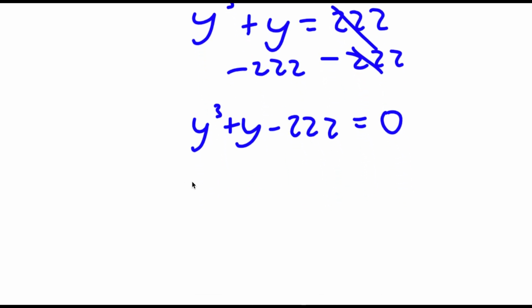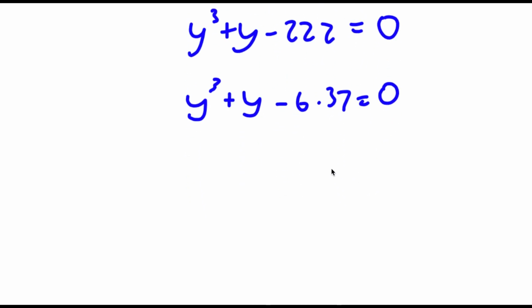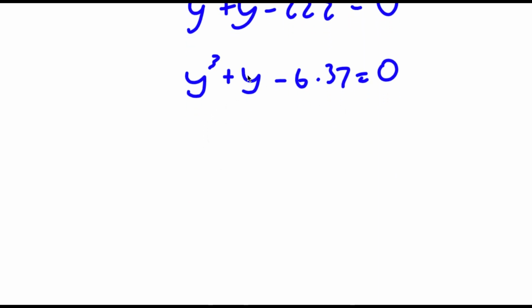Now I'm going to rewrite 222 as 6 times 37. And I'm going to rewrite y as negative 36y plus 37y.